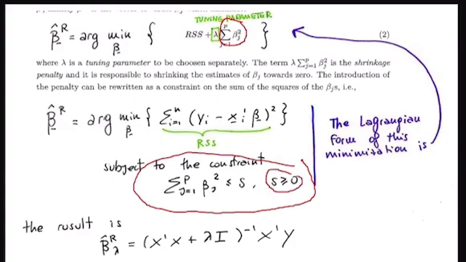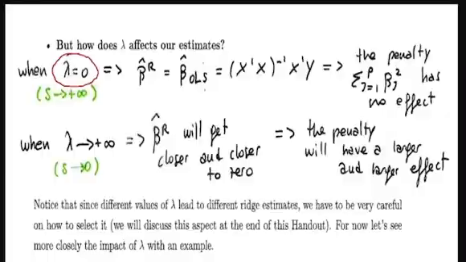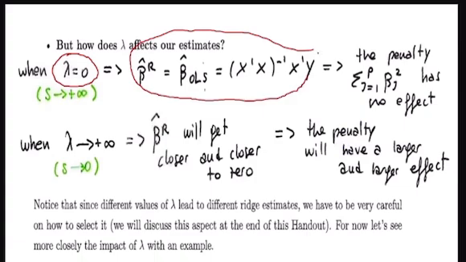Now, if I want to understand the behavior of lambda, when lambda equals 0, I told you the other time that the ridge regression estimate will become the OLS. When your lambda is 0, you know what it's telling you? You don't need regularization.